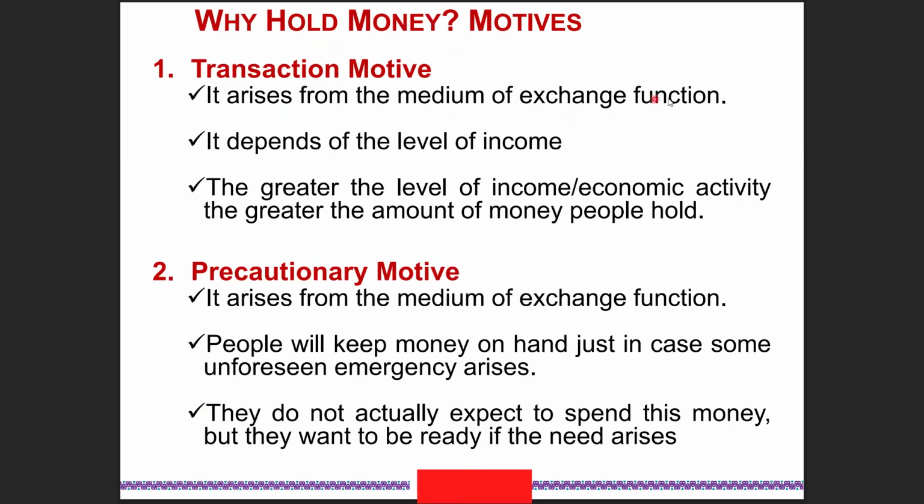And remember the medium of exchange, it's what we do on a daily basis, where you give someone your money, they give you chips. You use it for exchanging for a good. So transaction motive is that, and it is dependent on the level of income.